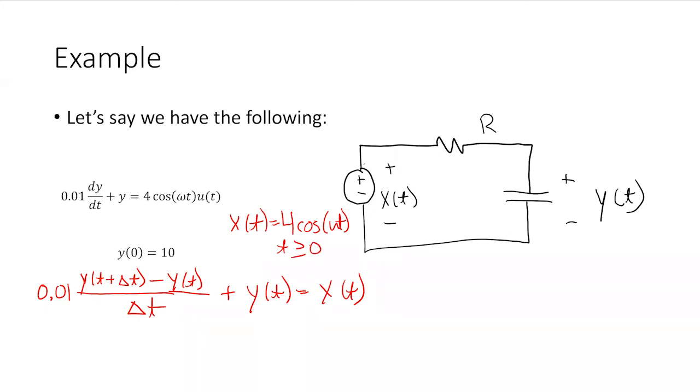Okay, so if I go ahead and rearrange this whole equation and solve for it again, I'm going to get y of t plus delta t. I don't want to go through and solve this again necessarily, but y of t plus delta t becomes y of t plus, or no, x of t minus y of t.